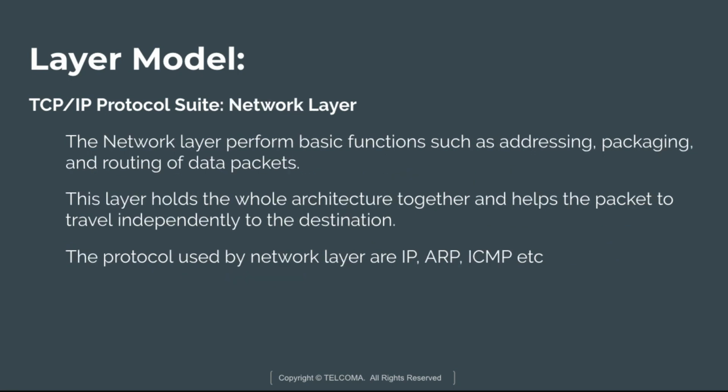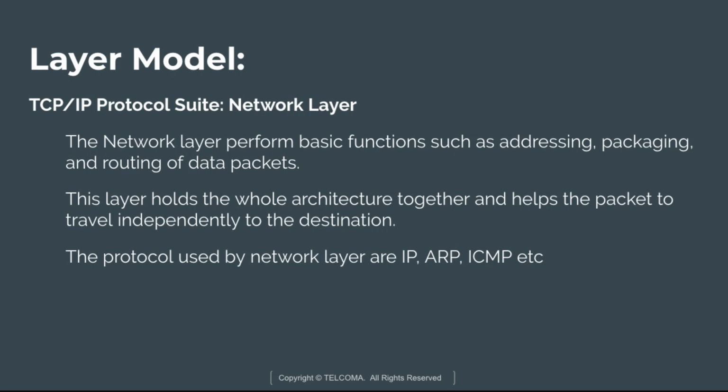Next is the network layer. The network layer performs basic functions such as addressing, packaging, and routing of data packets, and it is also known as the internet layer. This layer holds the whole architecture together and helps the packet travel independently to the destination. The protocols used at the network layer are IP, ARP, and ICMP.